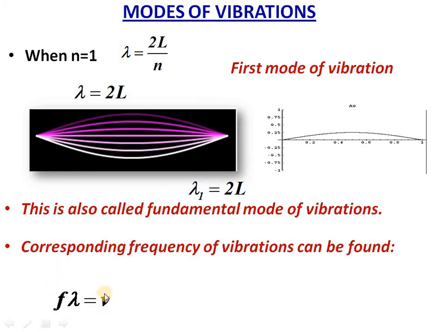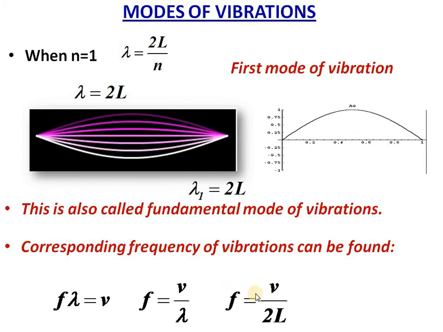We know that velocity of the wave is equal to frequency times lambda. Lambda we know, so frequency can be found by dividing velocity by lambda. Okay, we can divide with lambda: v by 2L, because our lambda is 2L.